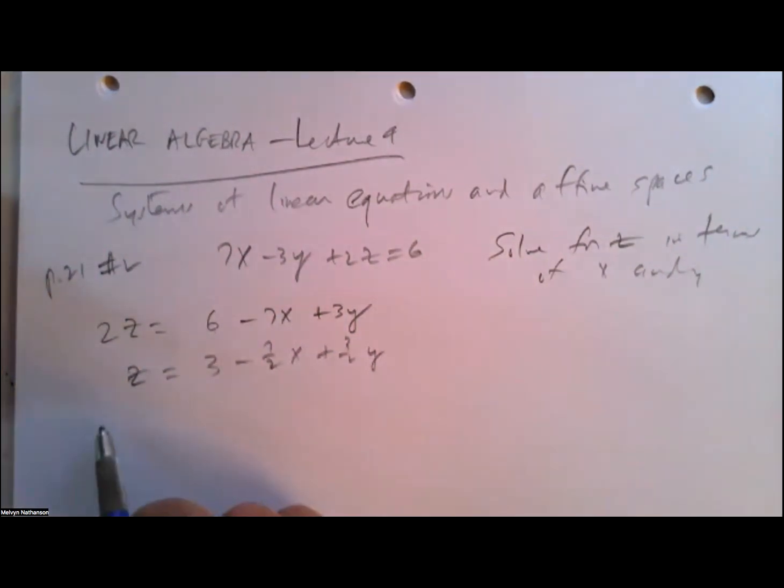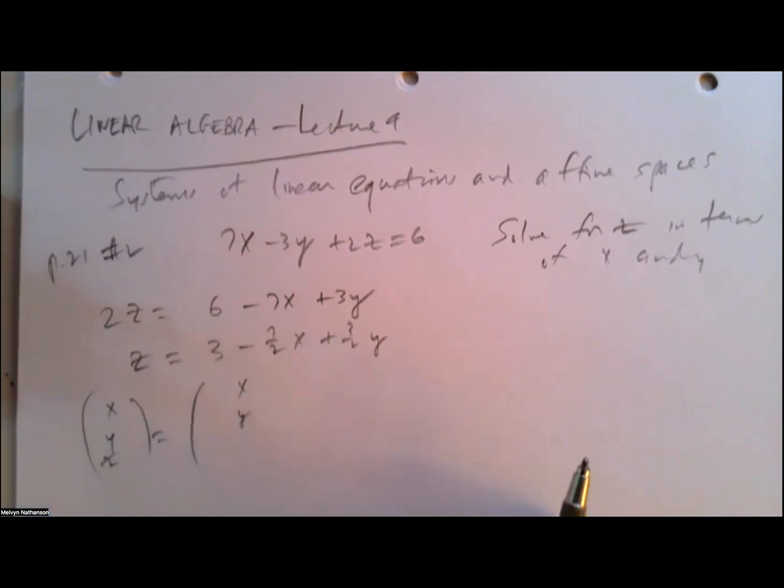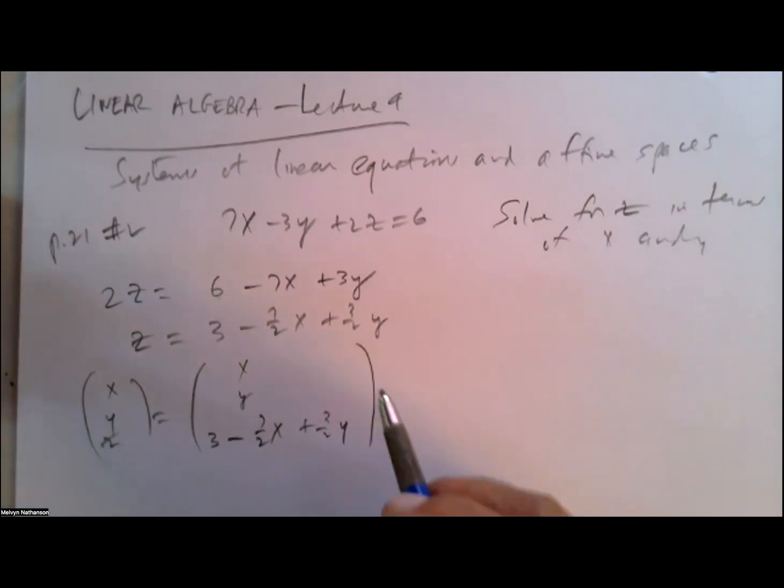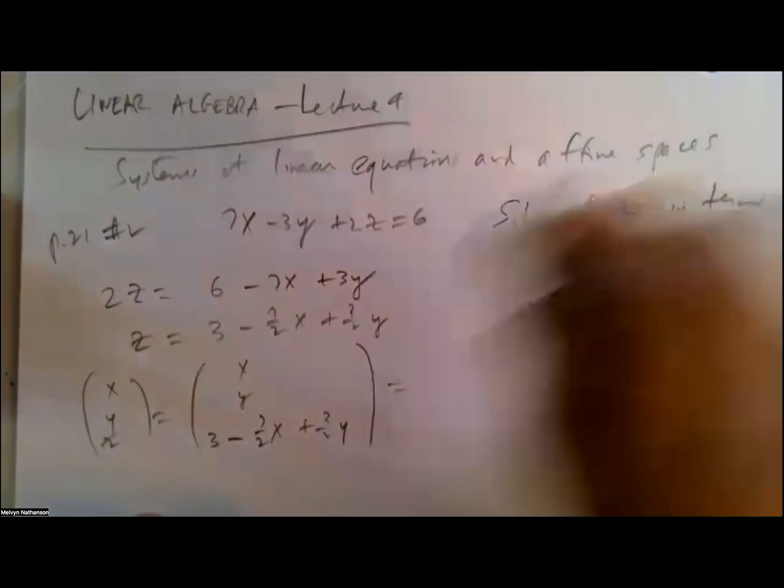So a solution of this equation, x, y, z, for any x and y, they can be chosen arbitrarily, but then z has to be equal to 3 minus 7 halves x plus 3 halves y, which I can write as the sum of vectors.